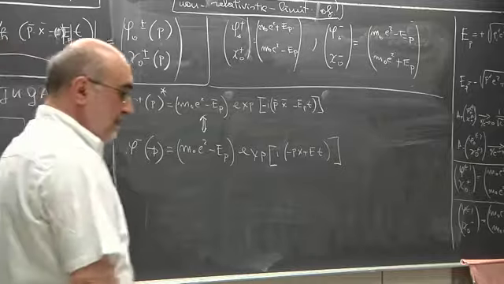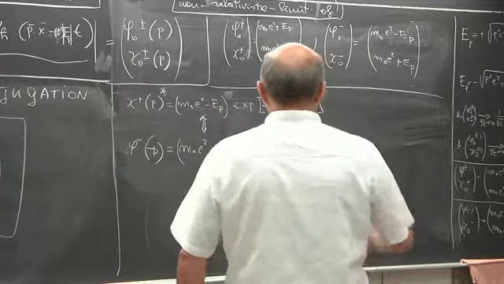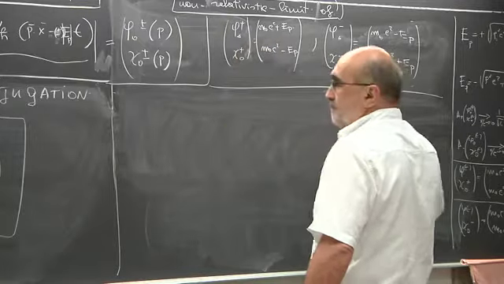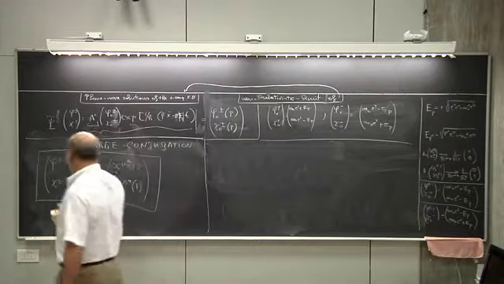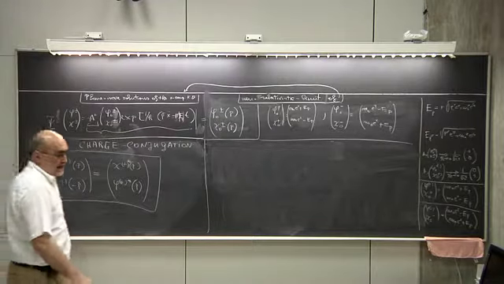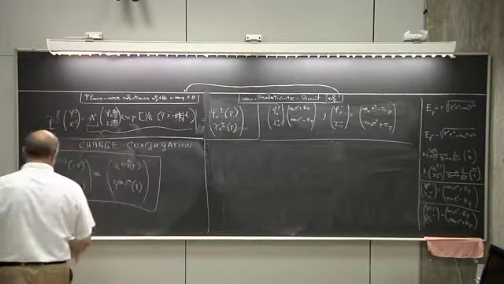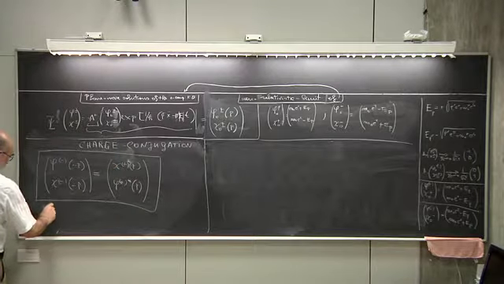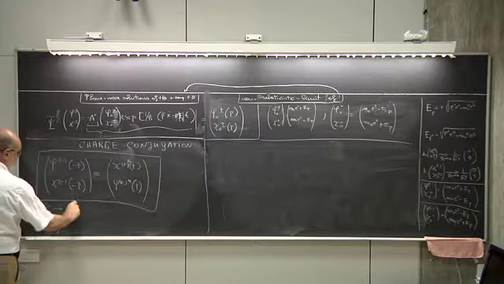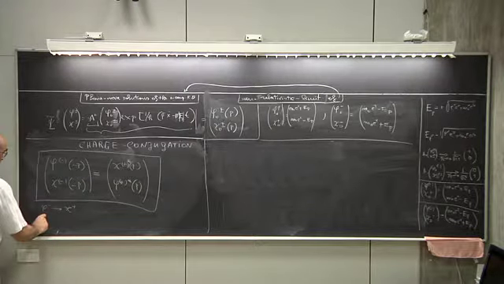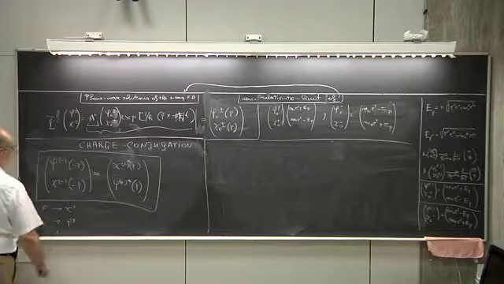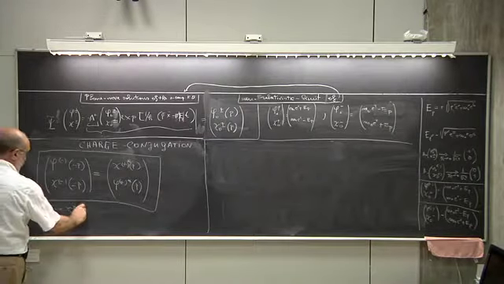So here there are three operations involved. One is complex conjugation. The second is exchange plus with minus, and exchange phi with chi. So phi minus is exchanged with chi plus, chi minus is exchanged with phi plus, star.